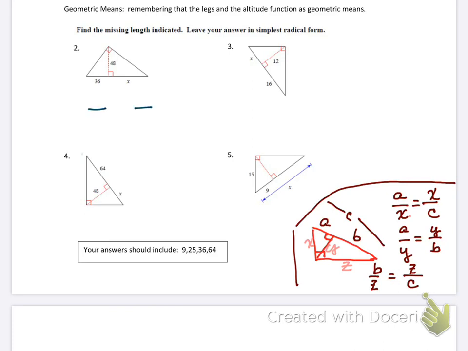So that means the 48 is a geometric mean between the 36 and the other side of the hypotenuse. So you would say, doing cross products, 36 times x equals 48 squared. So if you divide both sides by 36, 48 squared over 36 gets you your x.